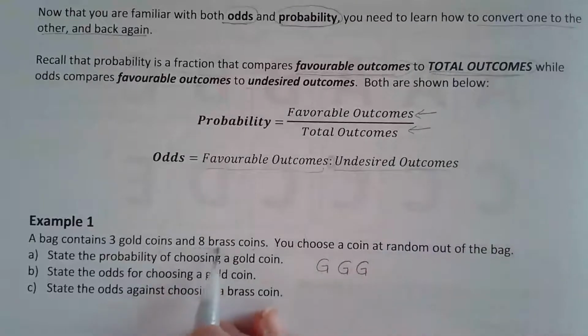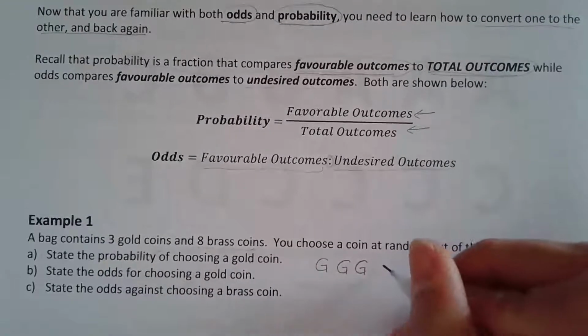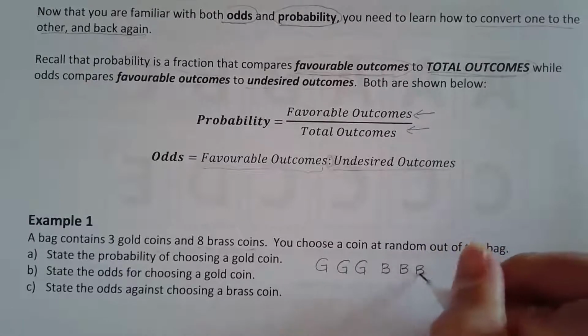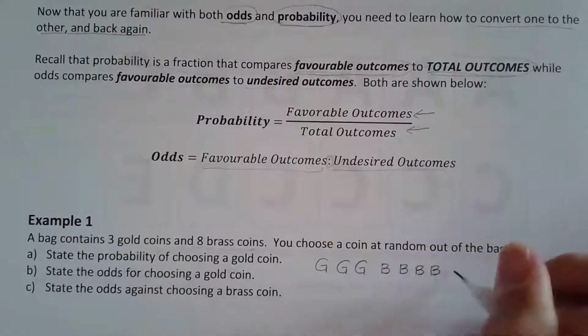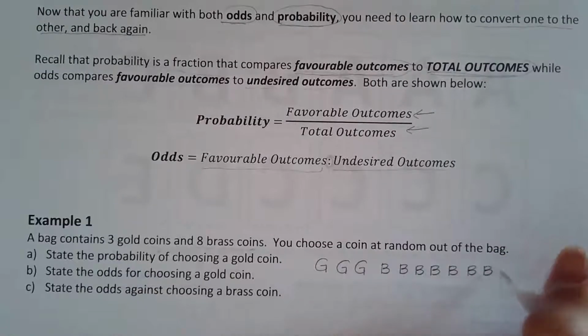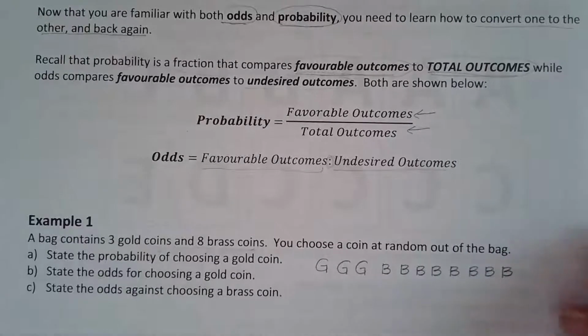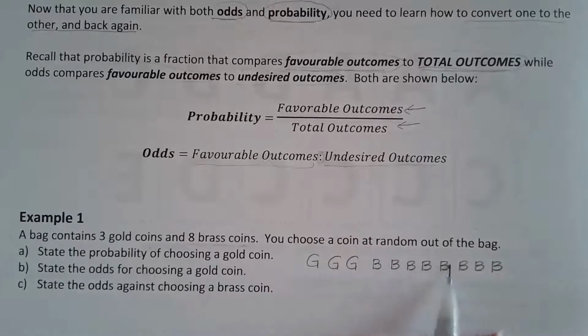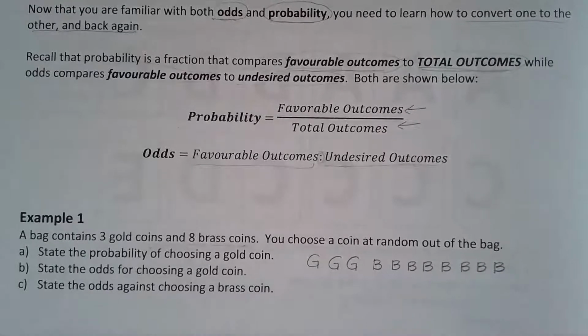And I'm going to have 8 brass coins, so I'm just going to put B, 8. Okay, so these are my 3 golds, and then these are my 8 brass. So there's 1, 2, 3, 4, 5, 6, 7, 8. I just wanted to make sure.